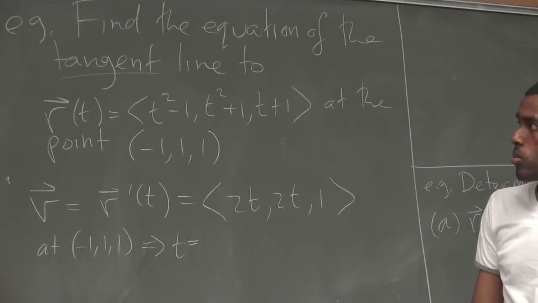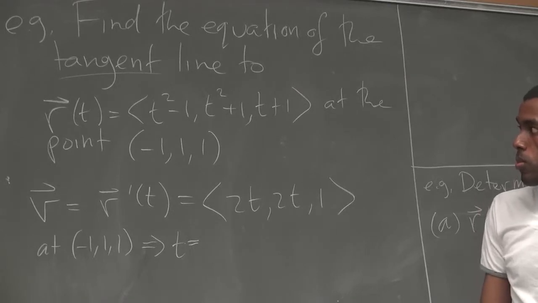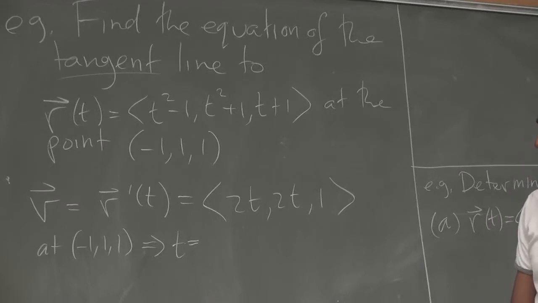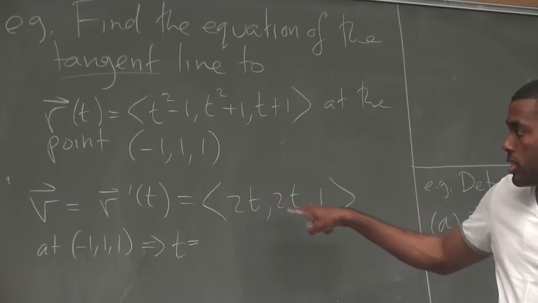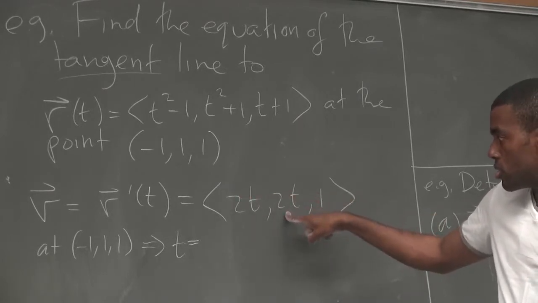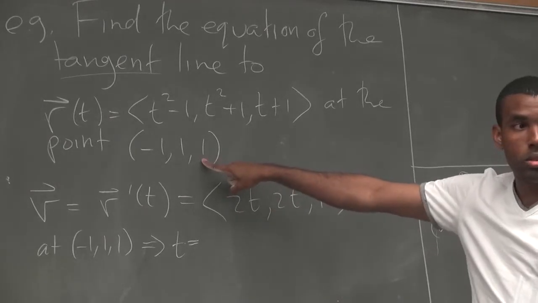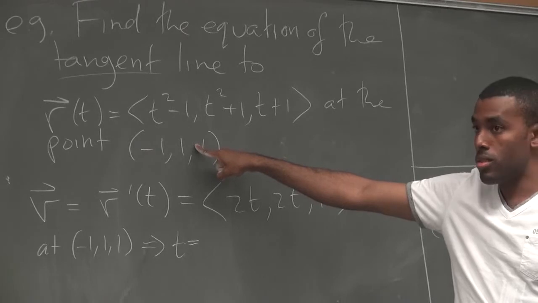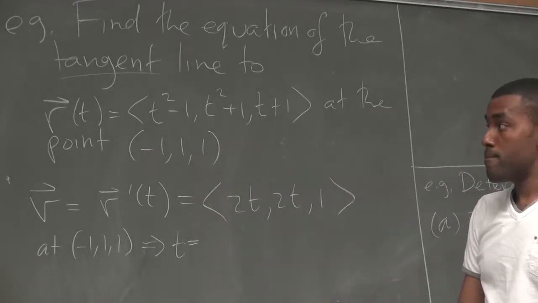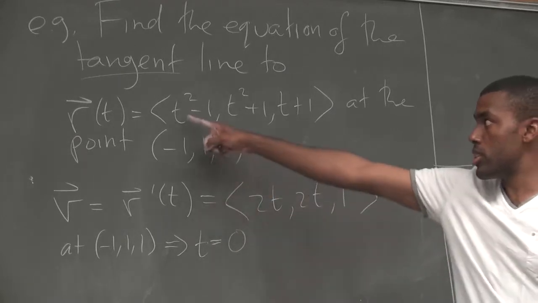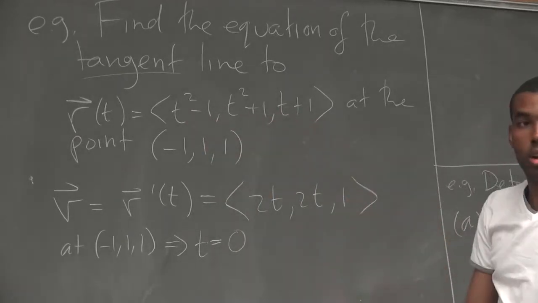T is a single value. T is a parameter. This is the general direction for an arbitrary t value, right? I want the direction at this point, which means I need to know what t I plug in to get to that point. Plug in 0 here, I get minus 1, 1, 1.